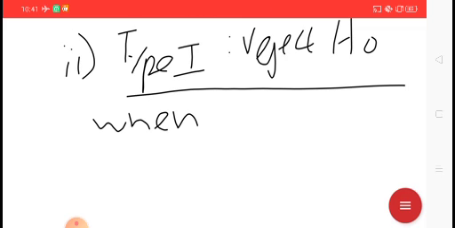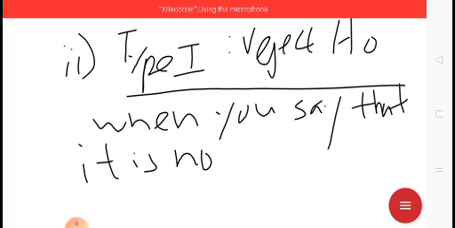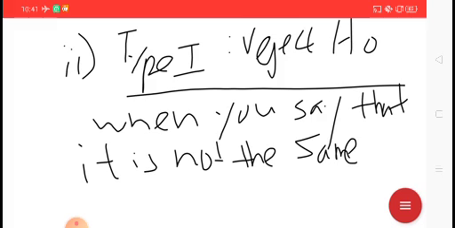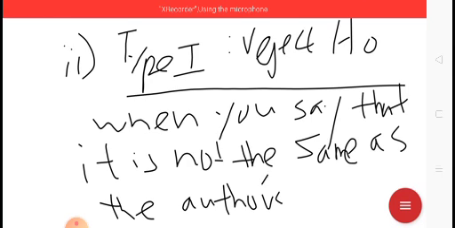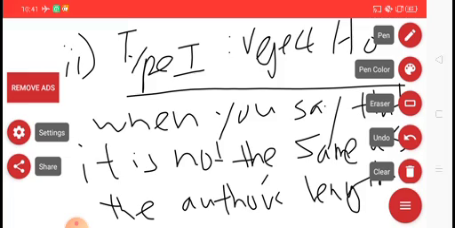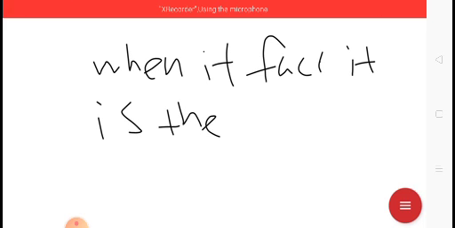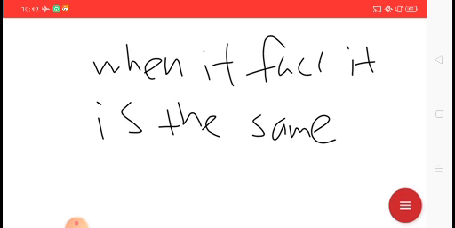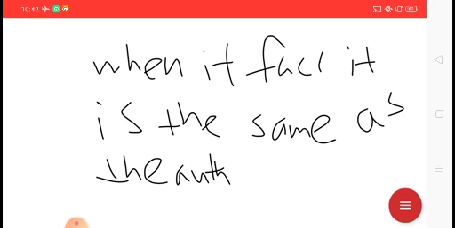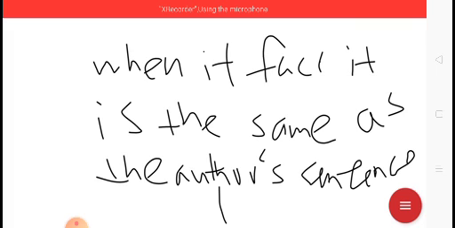So when you say that it is not the same as the author's sentence length, but when in fact it is the same as the author's sentence length, right?